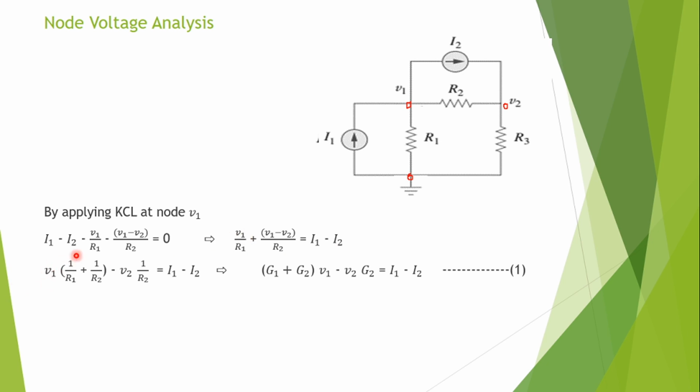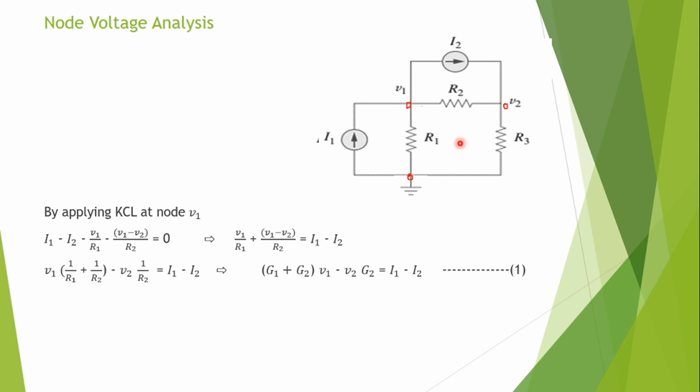So V1 into (1 by R1 plus 1 by R2) minus V2 into 1 by R2 equal to I1 minus I2. As we know, 1 by resistance is equal to conductance. So 1 by R1 I will take as G1: (G1 plus G2) into V1 minus V2 into G2 is equal to I1 minus I2. This is equation 1.